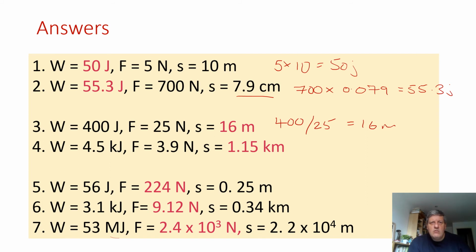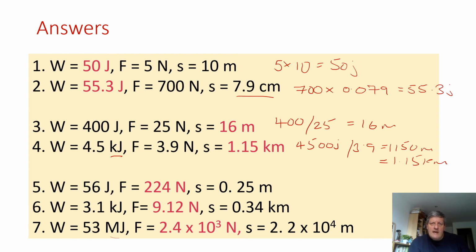For question 4, you may note we've got kilojoules here. 1 kilo of something is 1,000 times the value, so 4.5 kJ is 4,500 joules. Divide by 3.9 newtons equals 1150 meters, and that would be equal to 1.15 kilometers.